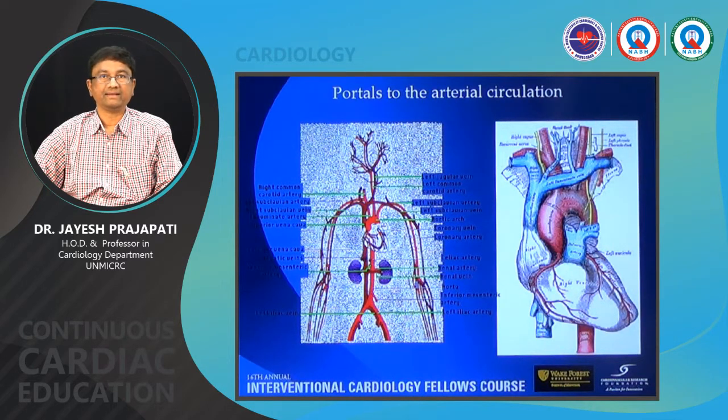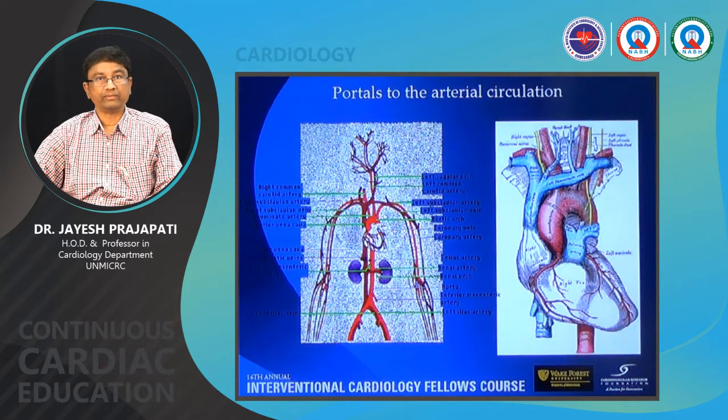We take axillary access, also for TAVI. Sometimes we take carotid access, and some less common accesses for peripheral vascular interventions, like popliteal and pedal access for the retrograde approach, and of course transcaval, and there are so many things people are doing in interventional cardiology.